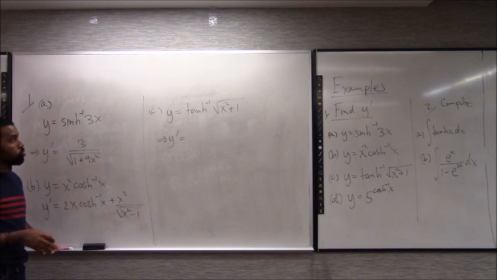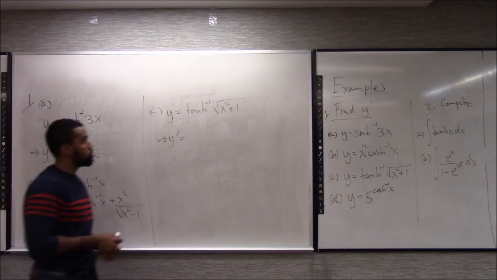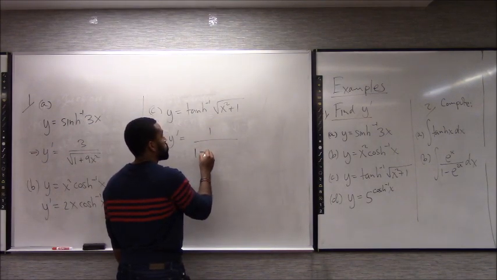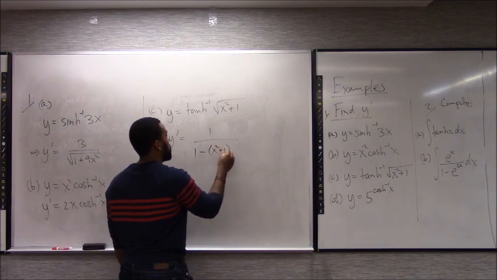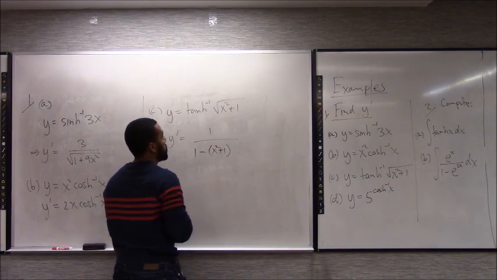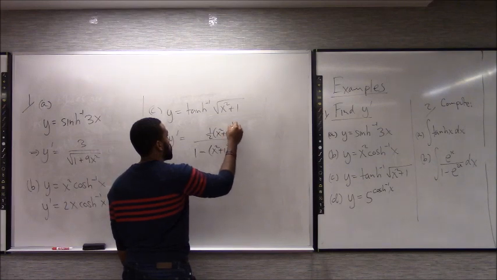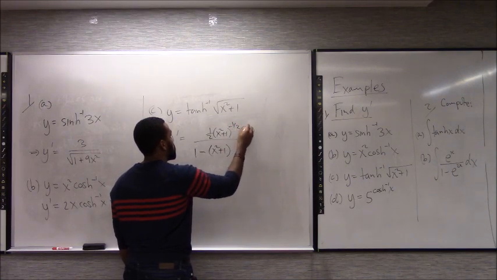I think it's 1 over 1 minus, in parentheses, the square root of x squared plus 1 squared, times 1/2 times x squared plus 1 to the negative 1/2 times 2x.